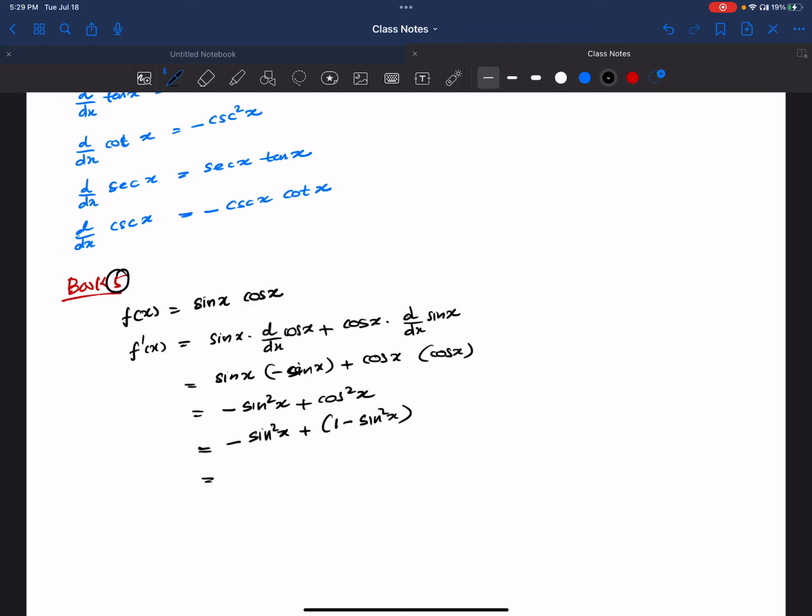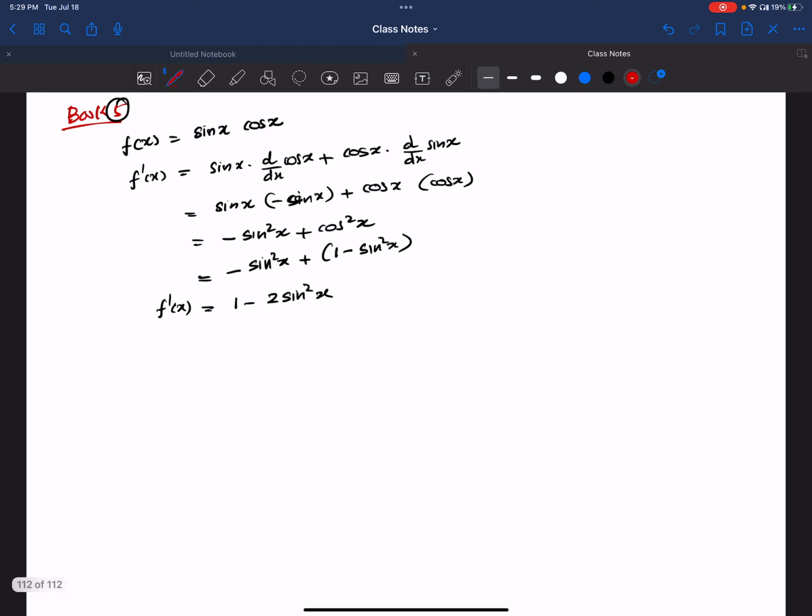So you can put 1 minus 2 sine squared x for f prime x. And you can use number 12 from the book.